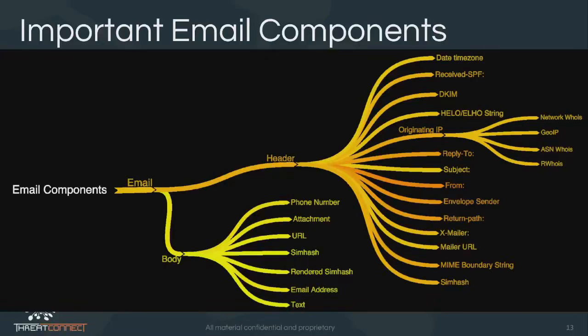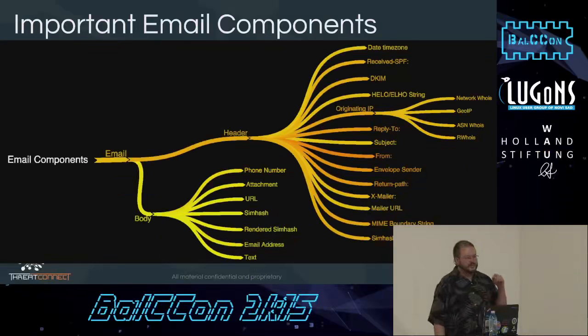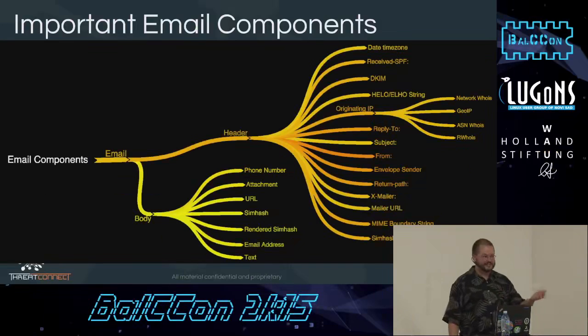So one of the important things that you can get is from the date time zone. If you have legitimate email coming from Eastern Standard Time in the United States, chances are that's coming from a mail server that you might not trust, but at least you know that it's in the United States.